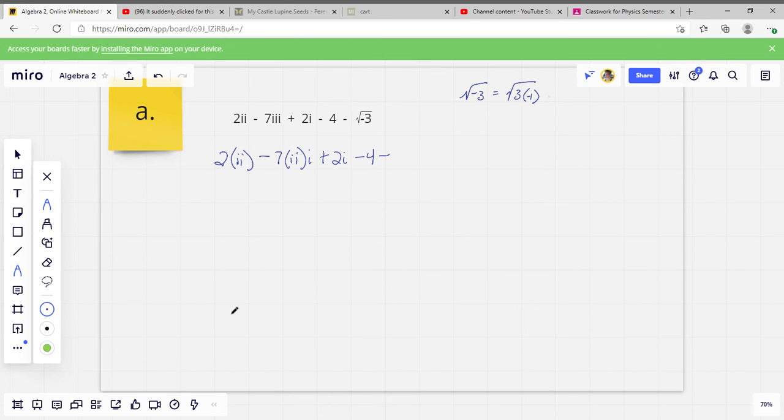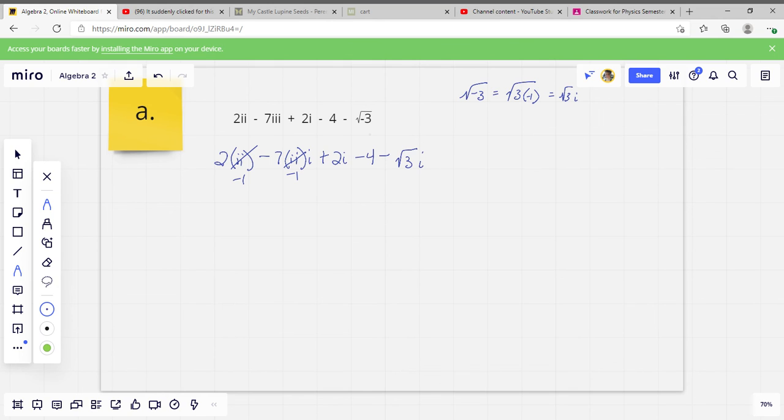So that would be the same as the square root of 3i. So it's minus square root of 3i. Okay, so these are going to cancel, and that's going to make negative 1, and those are going to turn into negative 1.